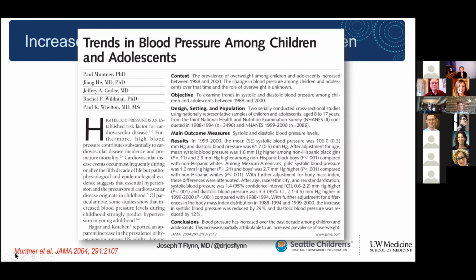This paper by Paul Muntner talked about the increased prevalence of childhood hypertension, and came to the conclusion that the level of blood pressure has increased, and that this was attributable in part to the obesity epidemic.